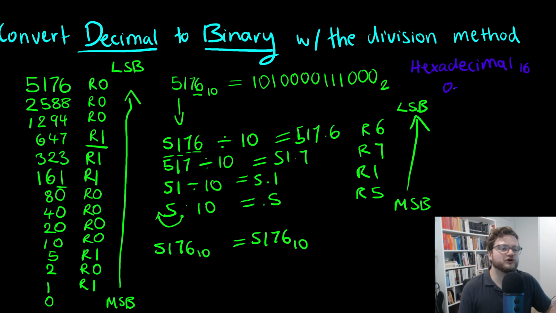And we have octal, which is base 8. Fantastic. And we can do the same thing that we did here, except divide by 8 instead. It's a little bit more complicated though, because the decimal you get is not going to be a nice, neat 0.5 or 0 like we got here.